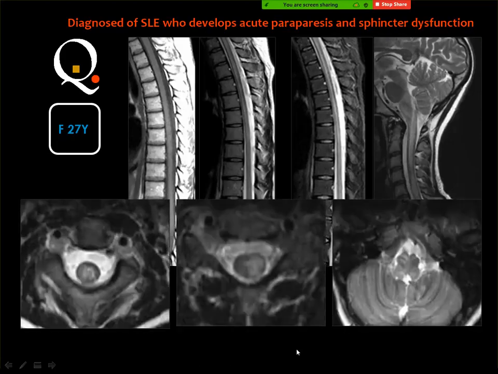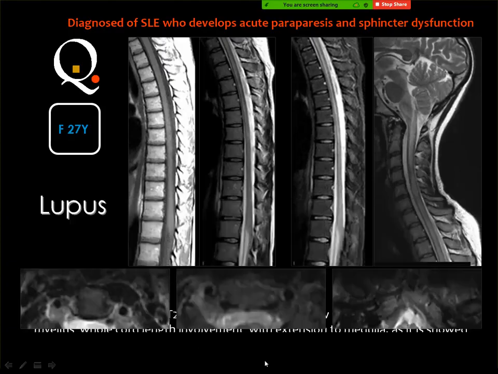And actually, if you see some abnormalities in the cord in a patient with systemic lupus erythematosus, you call this lupus myelitis. And you know, of course, that lupus myelitis is the sequela of vascular compromise to the cord, and it will appear in the form of longitudinal patches of abnormal signal.